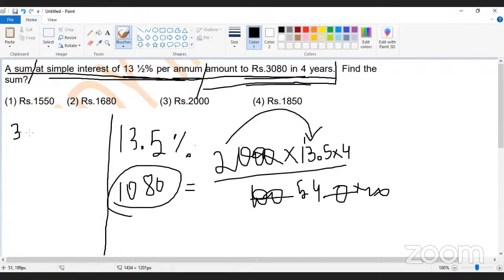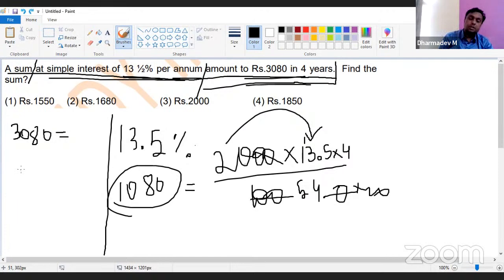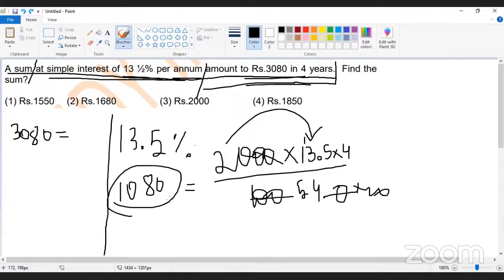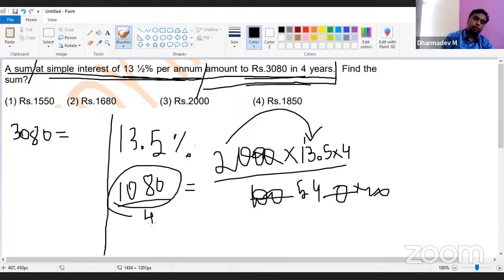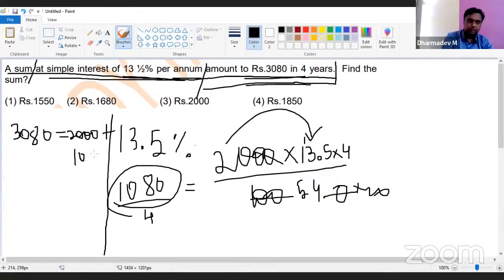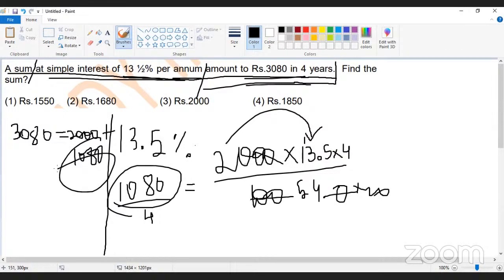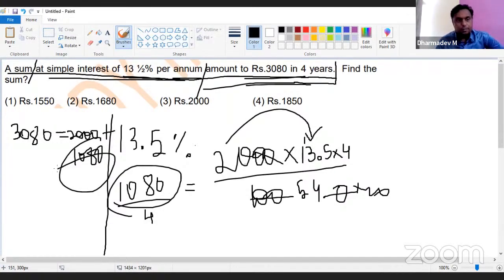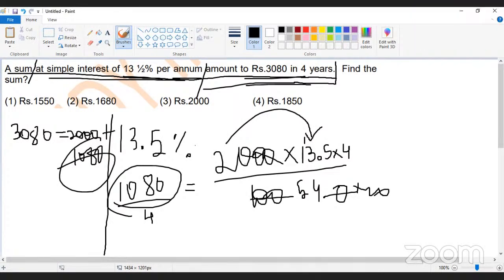So we don't add 1080 every year. For 4 years together it is 1080, so per year you divide it by 4. Exactly, correct. So the amount has become 2000 plus 1080. Finding the sum is 2000, and adding it with the interest we get 3080. It's clear. Thank you, sir.